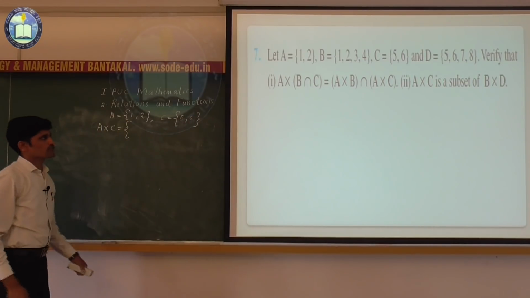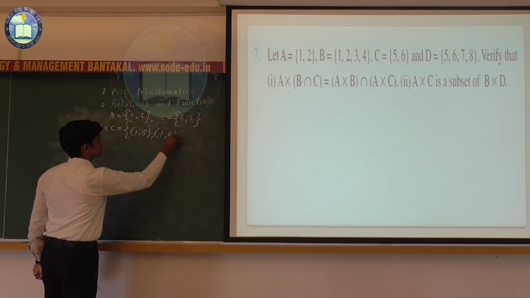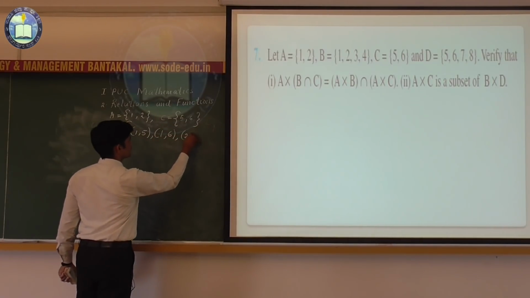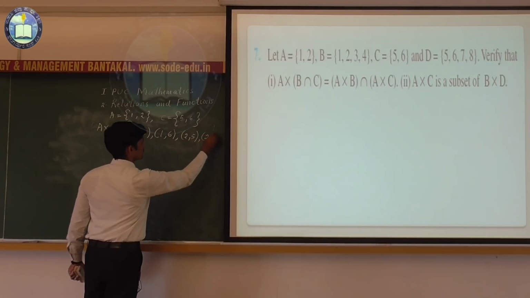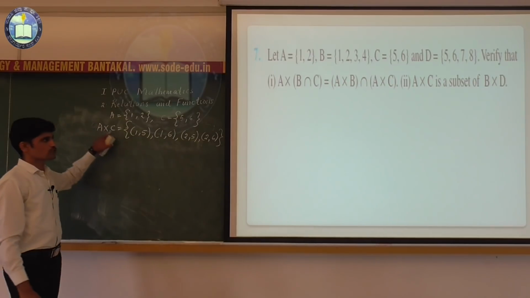And if we find A cross C, it is (1, 5), (1, 6), then (2, 5), (2, 6). These are the elements of set A cross set C.